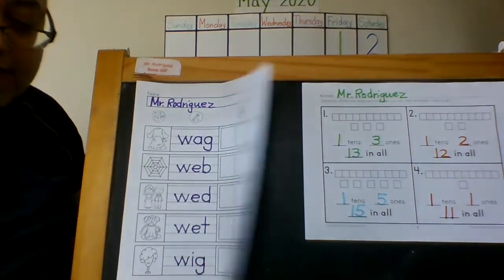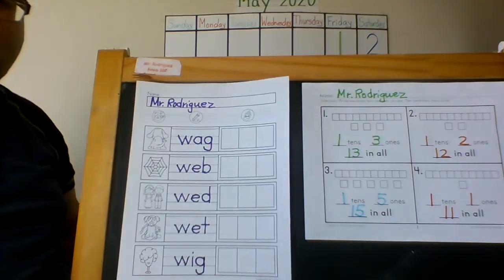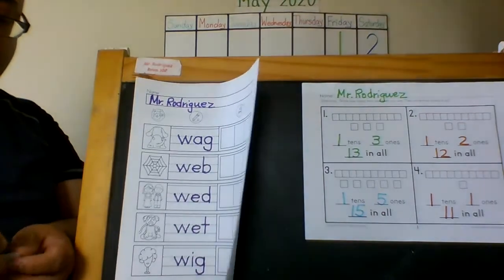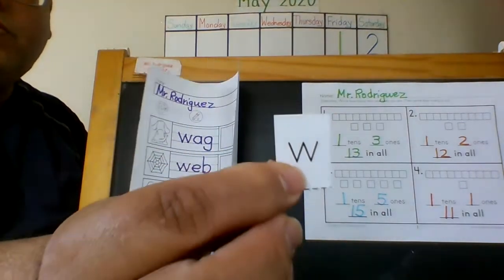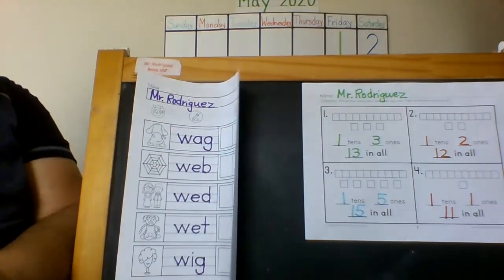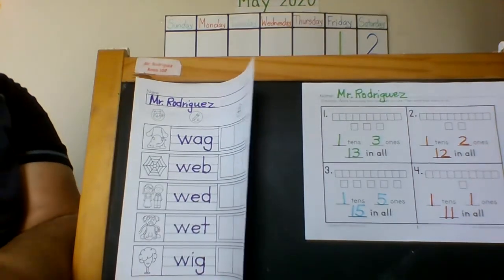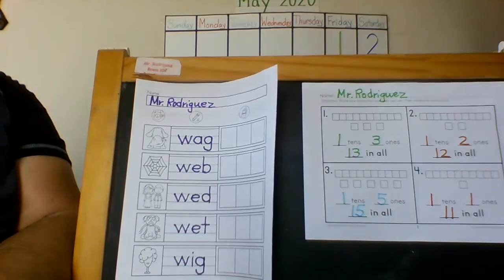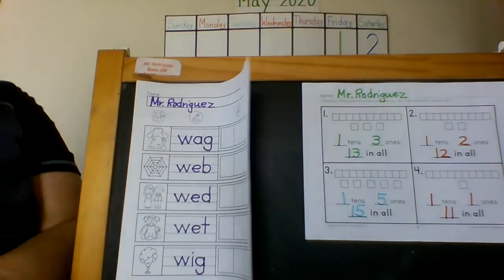Okay? Now I'm going to paste the cutout letters. So this is what I want you to do. I want you to be able to put the letters and spell the word wag.